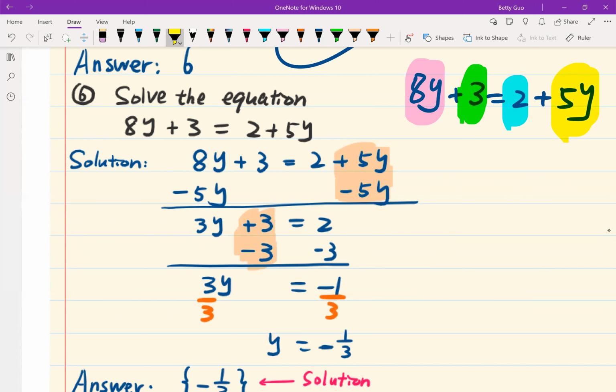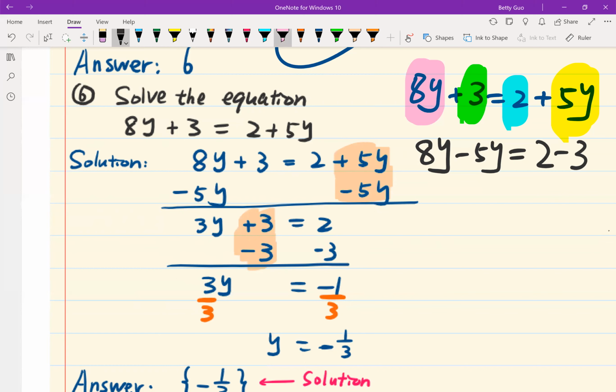Blue and the green are like terms. So we can apply the transposition of terms. We copy 8y. Move 5y over. So we get a negative 5y. Remember, every time you move one term from one side to the other side, you need to remember to change the sign in front of it. 2 stays. You bring 3 over, you have a negative 3.